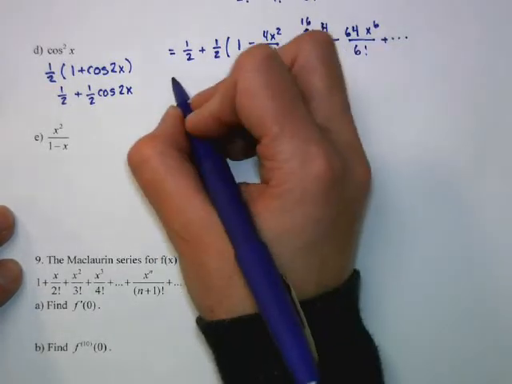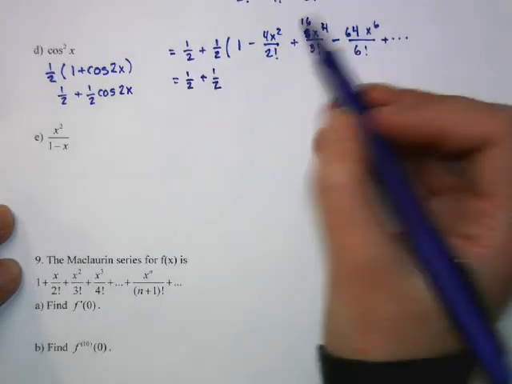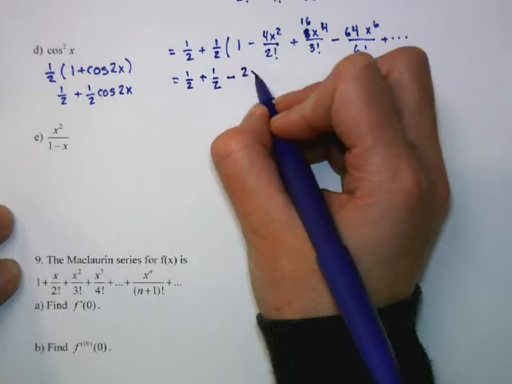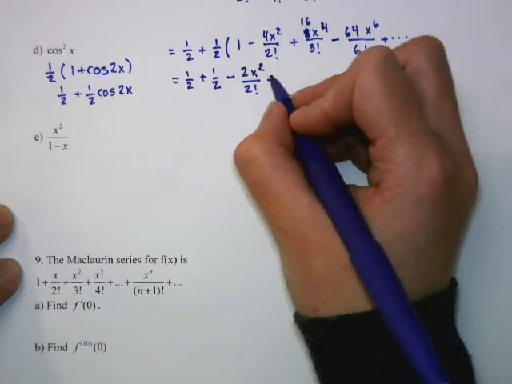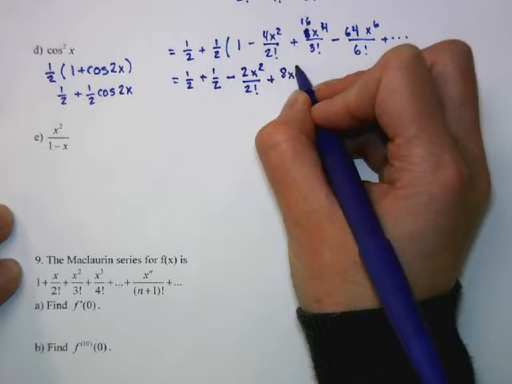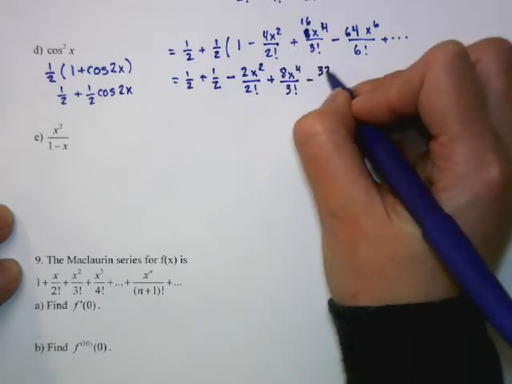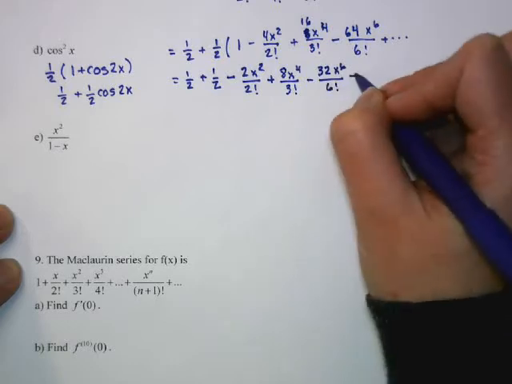I'm going to distribute through that 1/2, so we're going to have 1/2 plus 1/2, and then I'm just going to take the numerator and divide it by 2. So minus 2x squared over 2 factorial plus 8x to the 4th over 3 factorial minus 32 x to the 6th over 6 factorial.